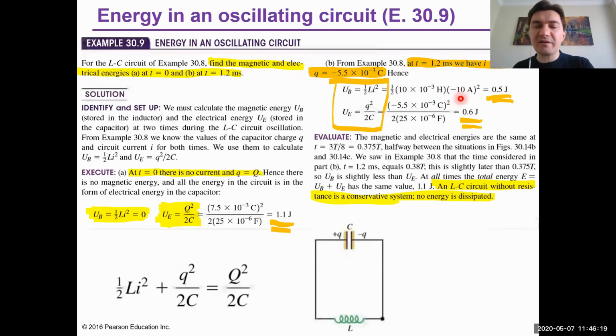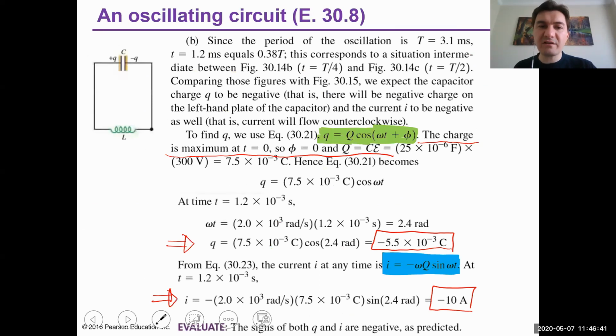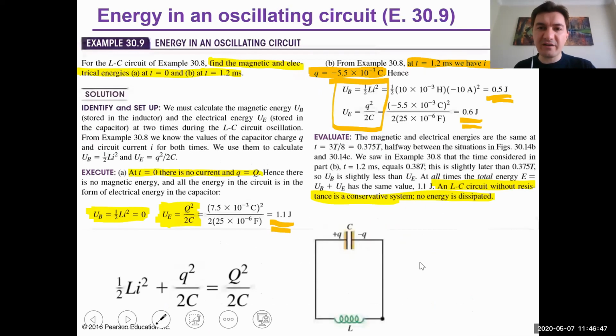Put that current here, then the magnetic energy after 1.2 millisecond is given by 0.5 joule. And the remaining energy is still in the capacitor and it is given by that expression. So what about the charge after 1.2 millisecond? Actually, we have calculated the charge after 1.2 millisecond, which is given by that expression.